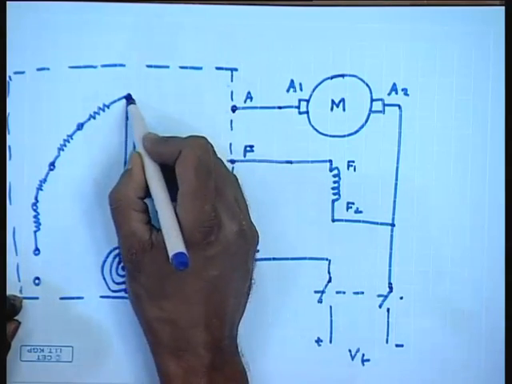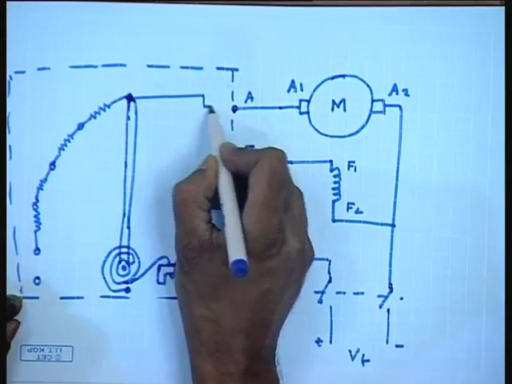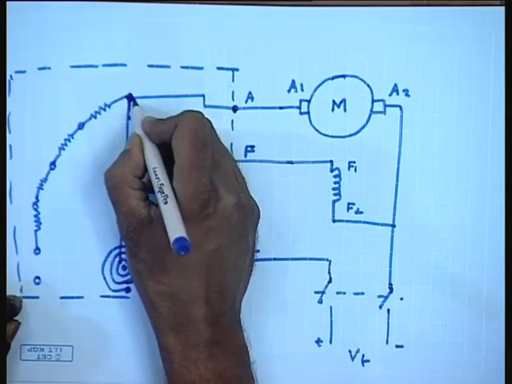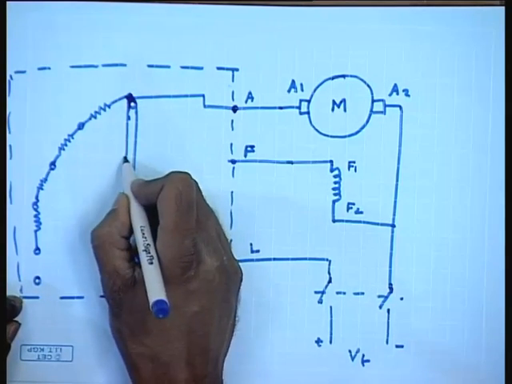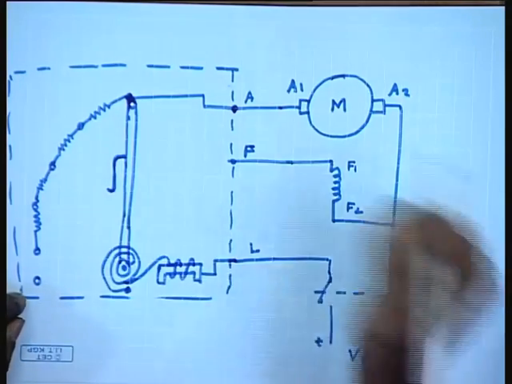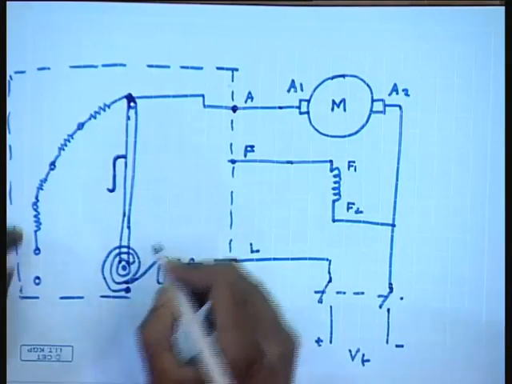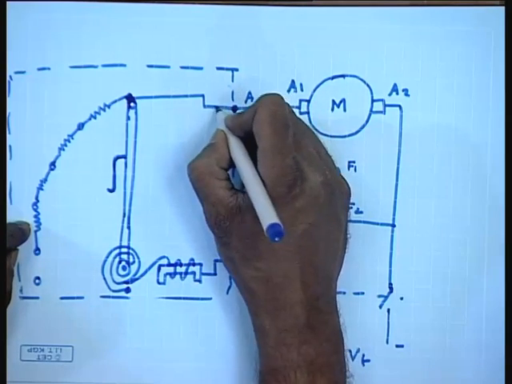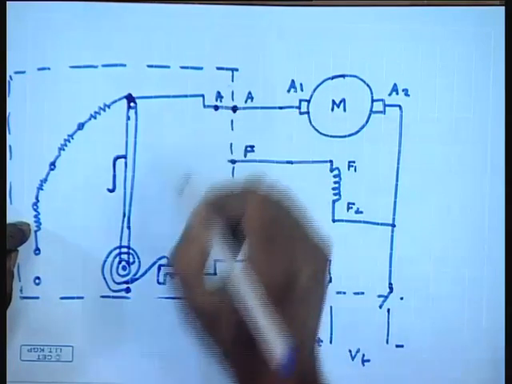One of this armature terminal is connected to the last point. This handle is movable with an external insulated shaft. So, these are three corresponding terminals on the starter.